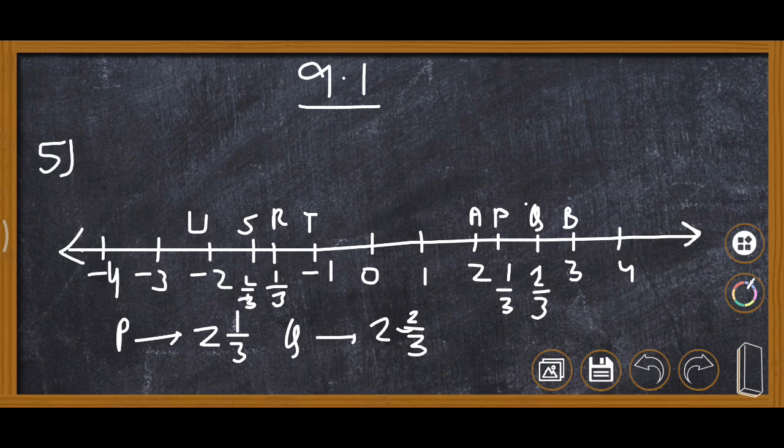So R will be written as minus 1 whole 1 upon 3, and S will be written as minus 1 whole 2 upon 3, because it is after minus 1. So in this way you are required to mention these alphabets.